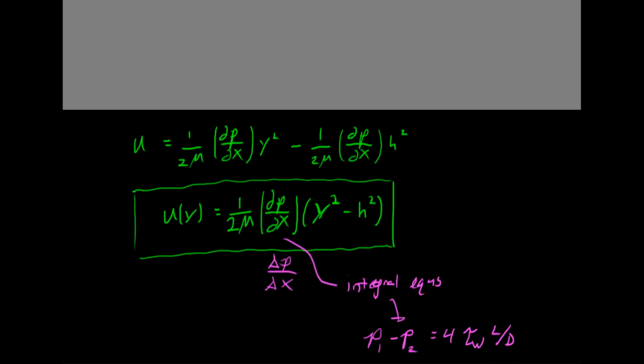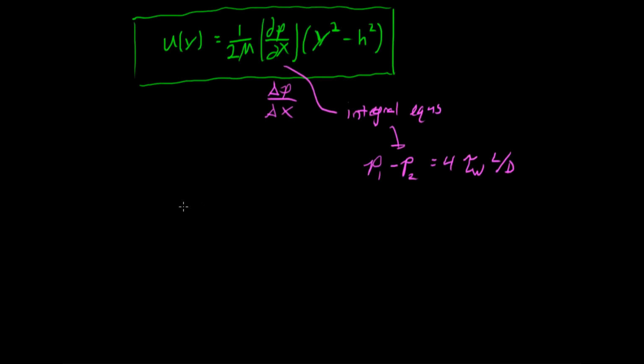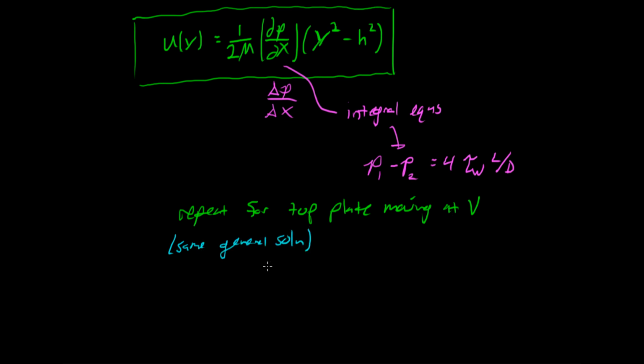Quick side note here, what if the top plate moved? Let's let the top plate move at some velocity v. The reason this is interesting is it's the same general solution. The thing that changes are the boundary conditions. So we just have some new boundary conditions to deal with, right?